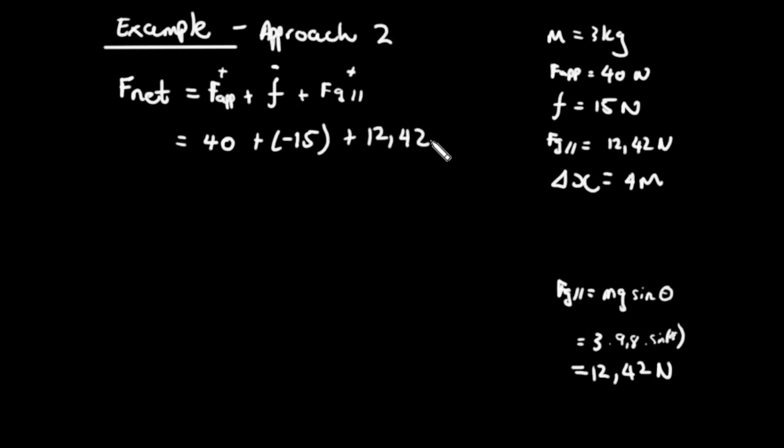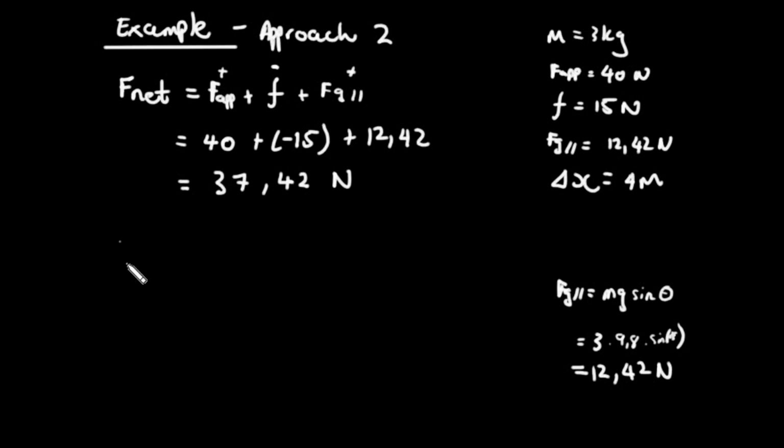So we take 40 plus negative 15, so minus 15, plus 12,42, and we get an answer of 37,42 newtons as our net force. I rounded it to 2 decimal places.